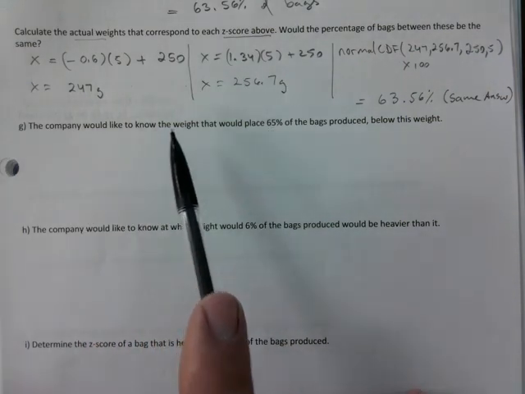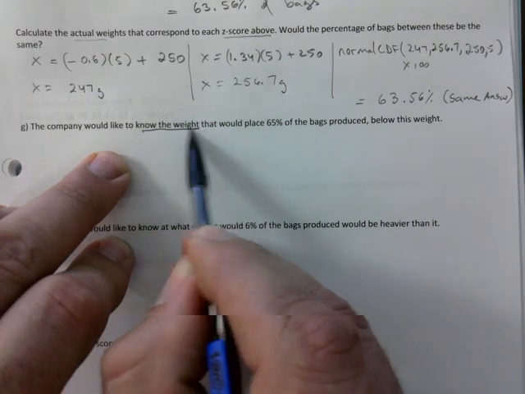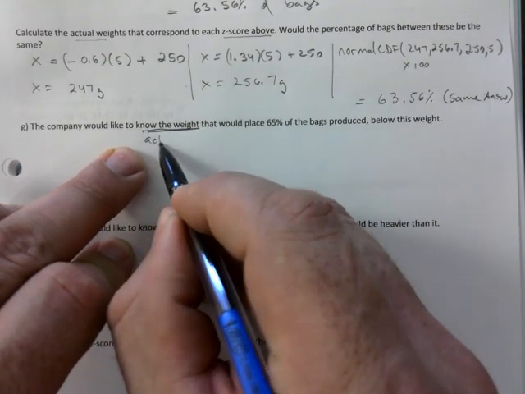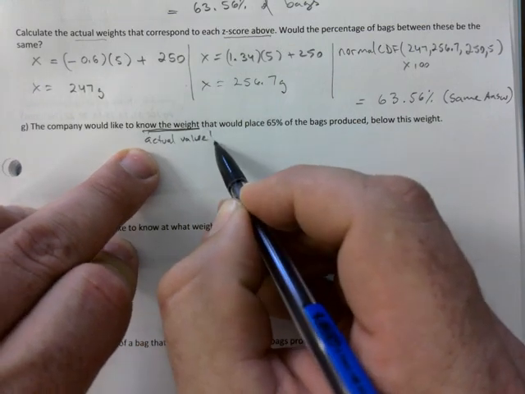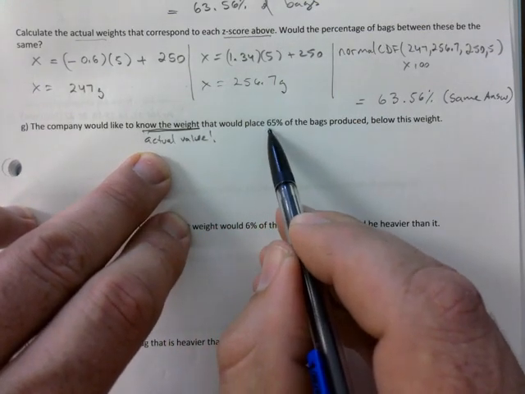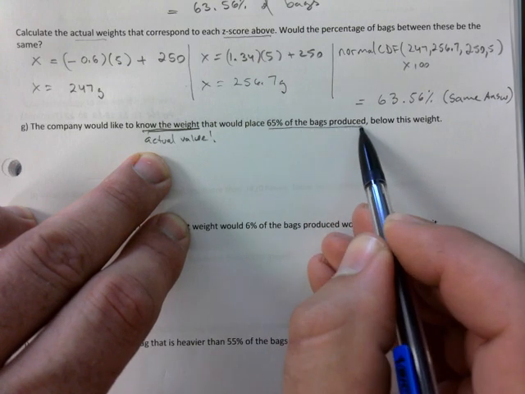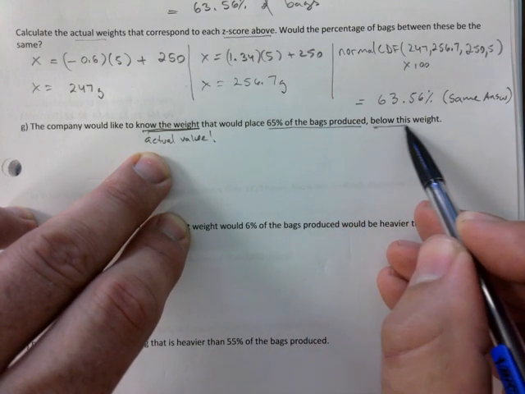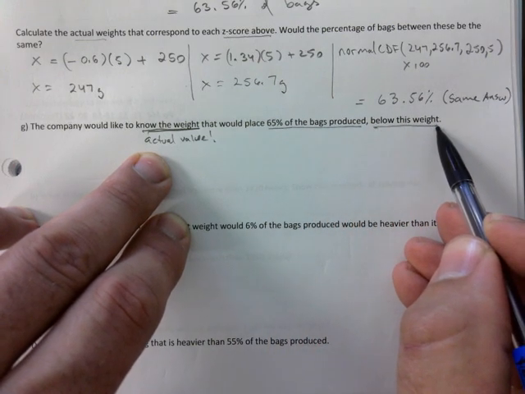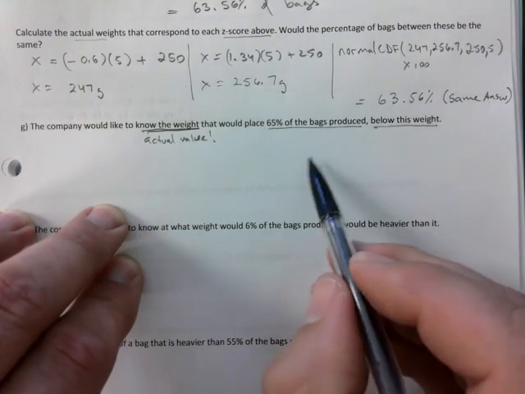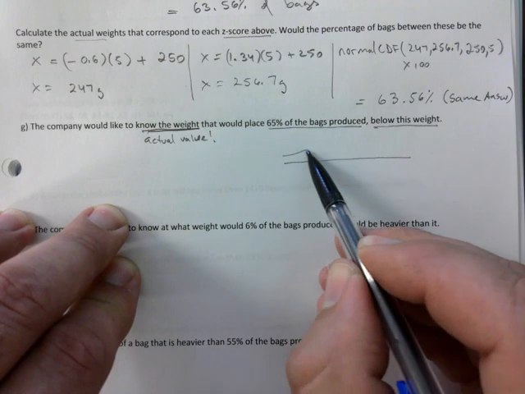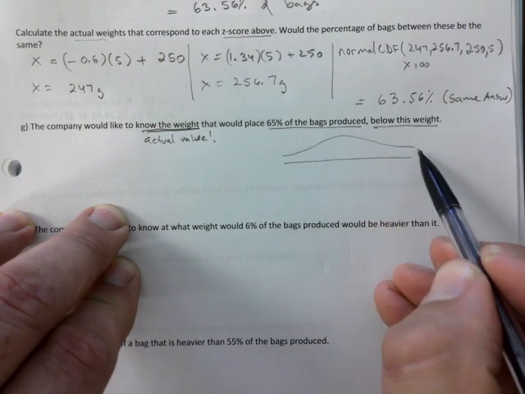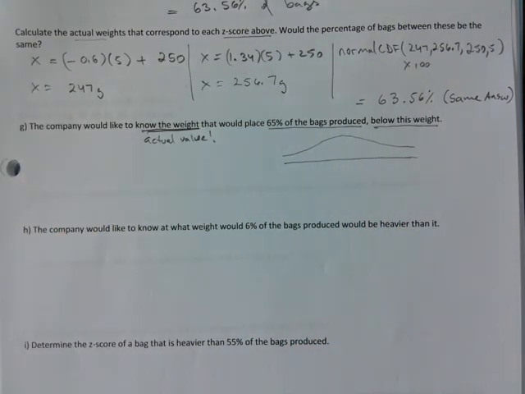The company would like to know the weight, the actual value, right? We want the actual value here, that would place 65% of the bags produced below this weight. Okay, so I'm going to do this here on the side. Imagine your bell curve. We know it's normally distributed.